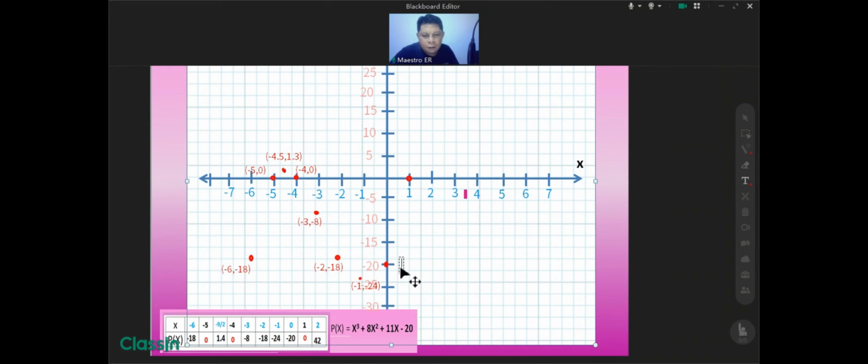This is your 0 and negative 20. And this is 1 and 0.